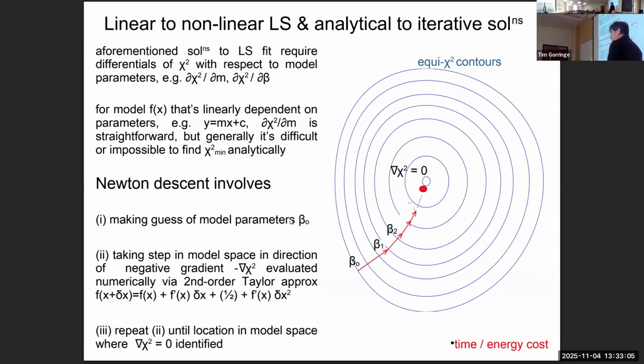Looking at the three examples that I gave you, the stochastic descent, the gradient descent, the Newton descent, you might say, well, why don't you just always use the Newton descent? It seems like that's the most sophisticated. That would be the best one to always use.